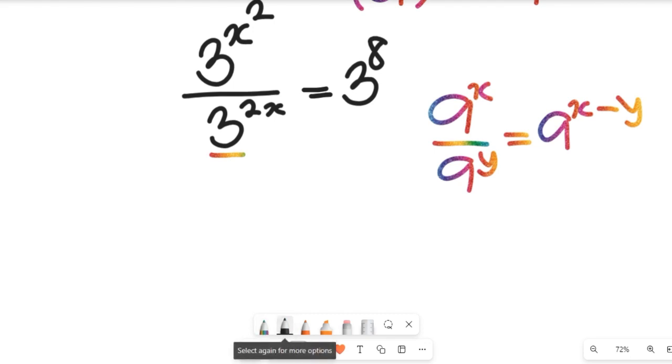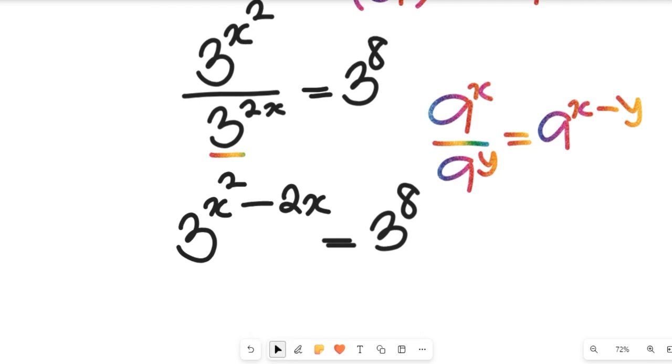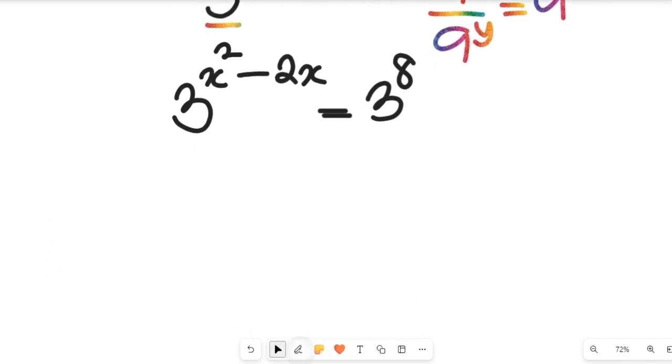If we apply it there, you're going to see that 3 to the power of x to the power of 2 can have this subtracted, 2x, right? Because they have a common base, which is 3, and this can be equal to 3 to the power of 8.